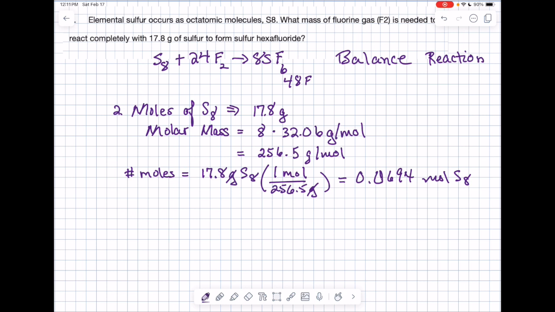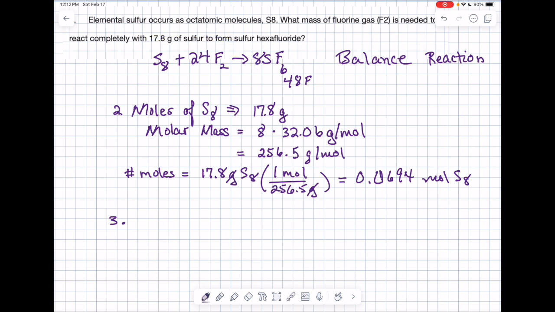All right, so that's the number of moles of S8, so good. So we finished the second step. We know the number of moles of our reactant that we're given. So what we're trying to figure out is how much fluorine we need to react with that. And so how do we do that? Well, we need to know the mole ratio, which is what we get from our balanced chemical reaction.